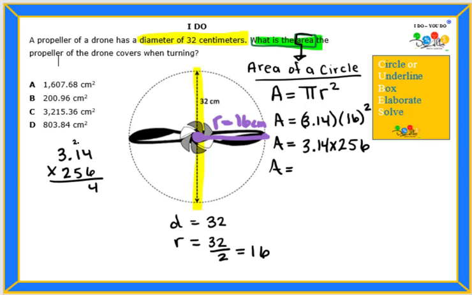We're going to carry 2. 1 times 6 is 6, plus 2 is 8. 3 times 6 is 18. We're done with the 6, so we can put a placeholder. 4 times 5 is 20. We carry 2. 5 plus 2 is 7, and 3 times 5 is 15. We're done with the 5, so we put 2 placeholders. Now we have 4 times 2 is 8. 1 times 2 is 2, and 3 times 2 is 6.